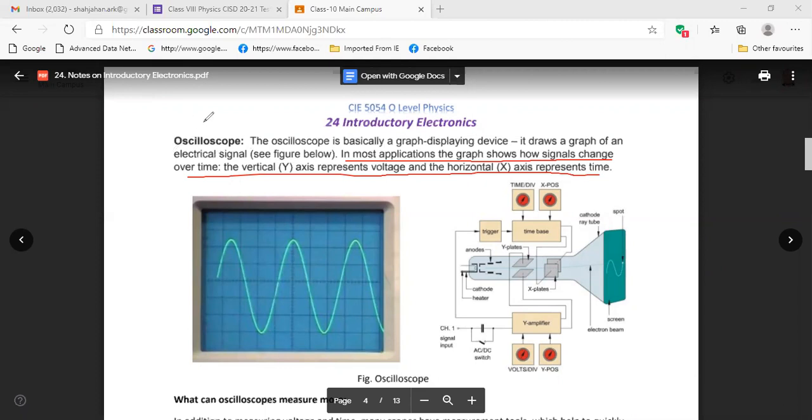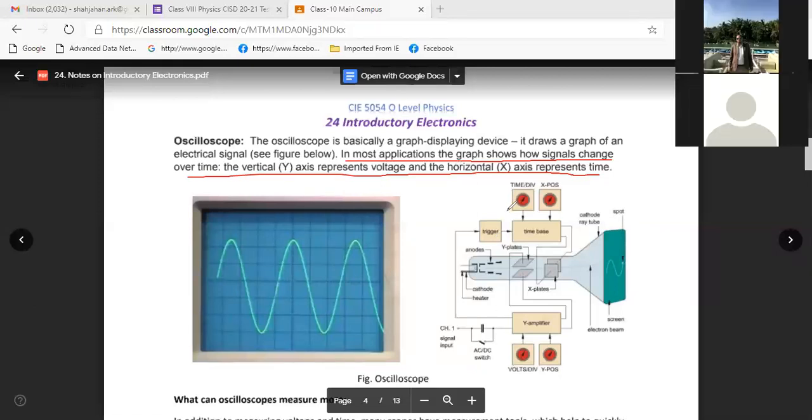Okay, writing. Look down, sir, here, Azmain. Oscilloscope: write this heading and draw this diagram. Then you write this part, the underlined one, red color one. Now, after finishing this, you have to draw a little part of this. In the last class we also told you that here we have two plates.